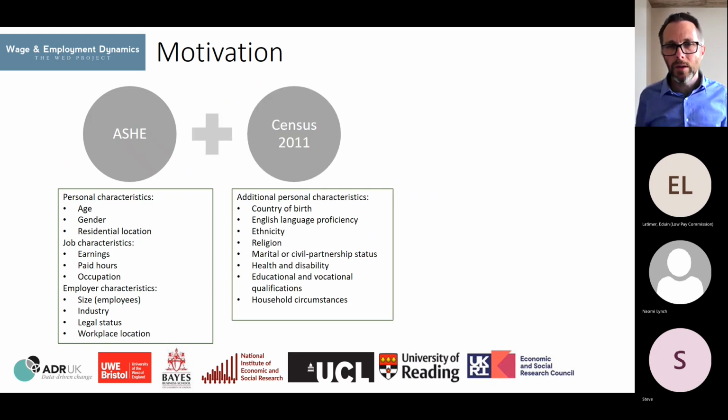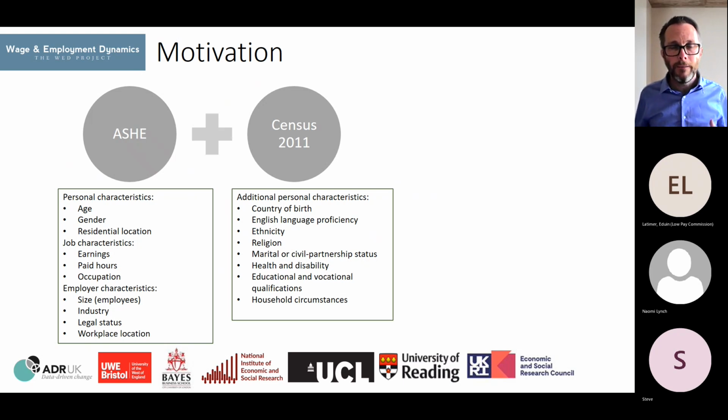Now, of course, in the census, you have very full information about an individual. Census 2011 collected data on a person's country of birth, on their proficiency with the English language, their ethnicity, religion, marital or civil partnership status, health, disability, importantly, their educational and vocational qualifications, but also their household circumstances.